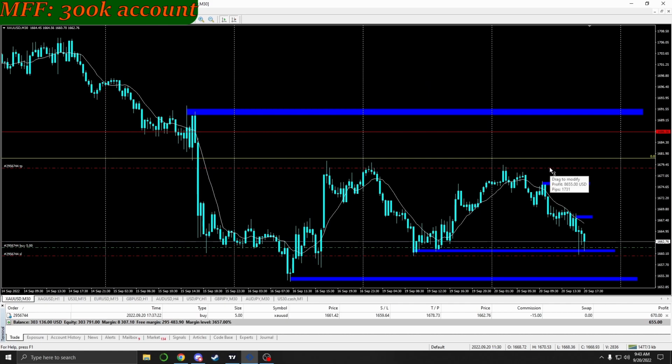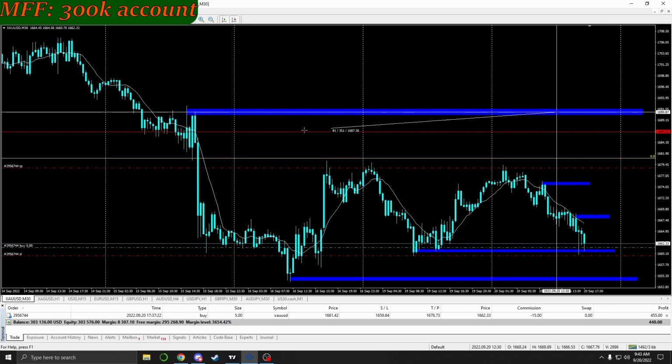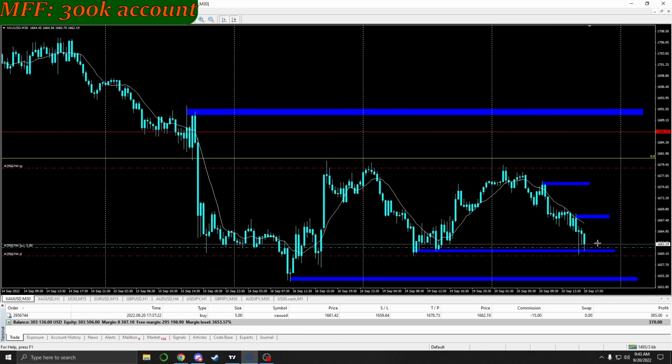So long term, I am a bit bullish on gold, but we'll have to see how it plays out at these key levels that I have marked out. These are some of the profit targets that I'm aiming for. Ultimately, I'd like to see it come up and test this level, and to get an entry down here and hold it that long would be pretty crazy for me. So I'm just going to wait and see how this plays out.